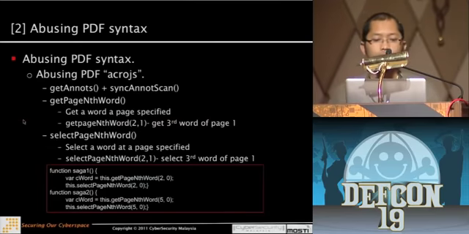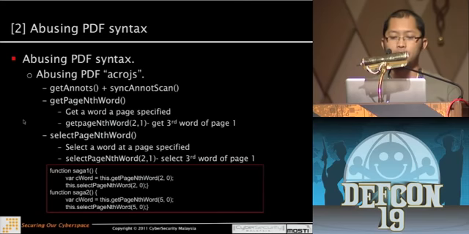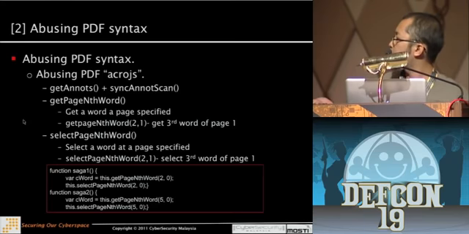Okay. Then another thing about abusing the PDF syntax is related to Acrobat, specifically designed for the PDF engine, especially Adobe. A couple of JavaScript functions like getAnnot, getAnnots, getPageNumWords.